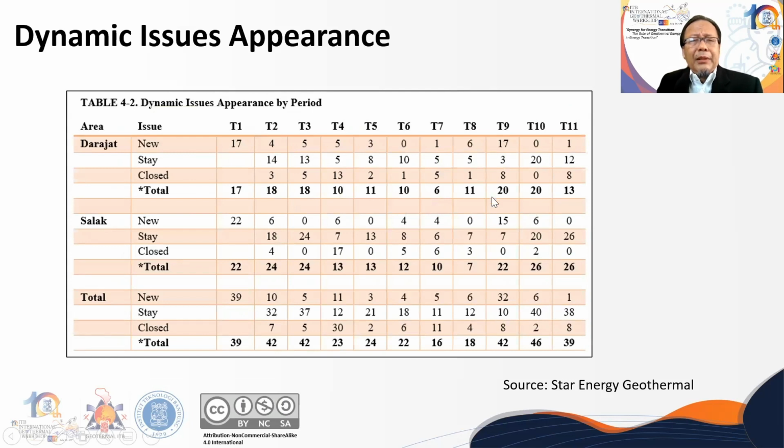And if you look at this dynamic of issues, you can see some issues still live for a long time. You see the number is quite the same, 18 to 18, but at that time a new issue came and the previous issue was closed. This is an example, and it shows you how issues live, so dynamic.